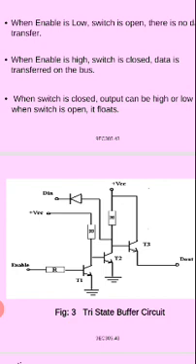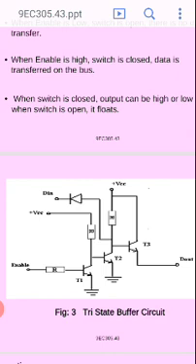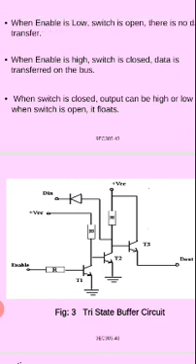For the base of the transistor T1, enable input is given and VCC is given at both the ends. One is at collector of transistor T3 and another one VCC is at collector of transistor T1.